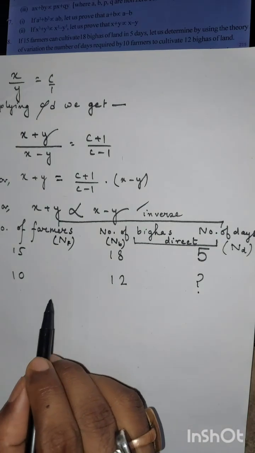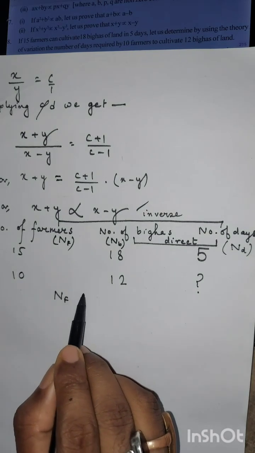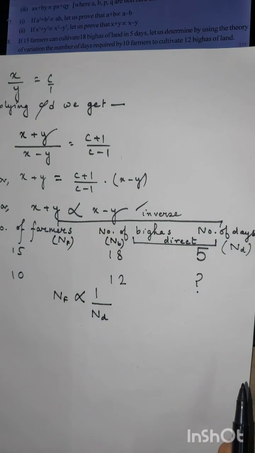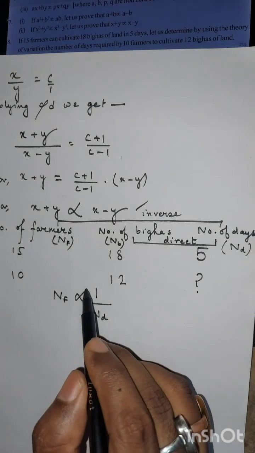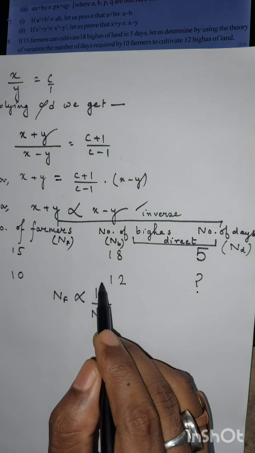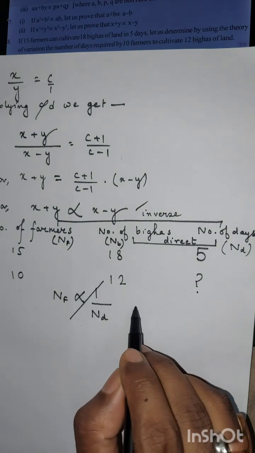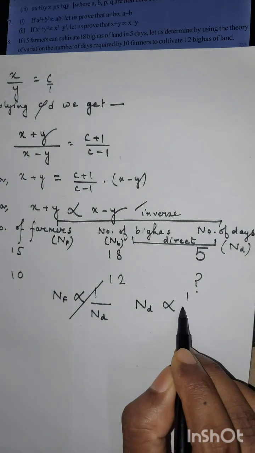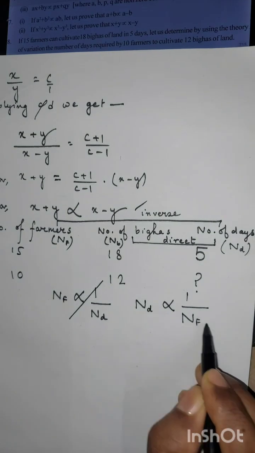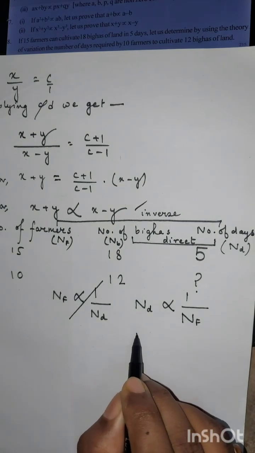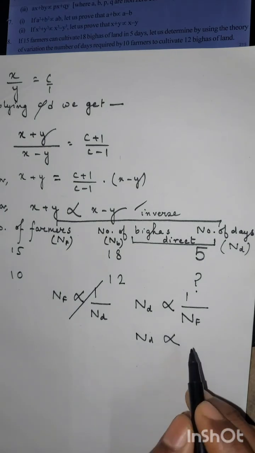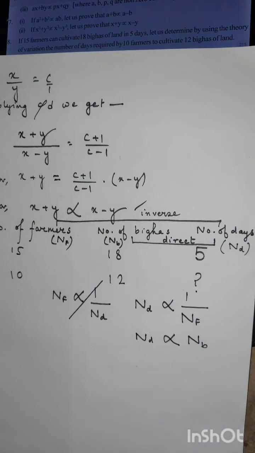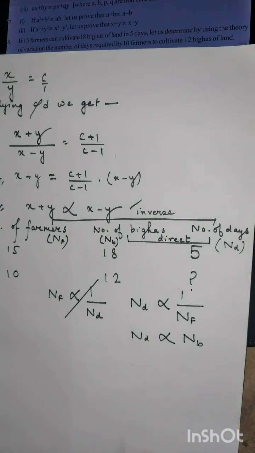Now we can write number of days is inversely related to number of farmers, and number of days is directly related to number of bighas. So these are the relations.